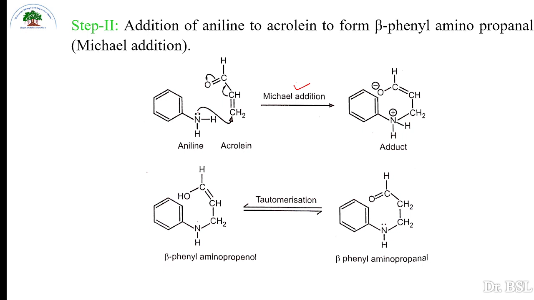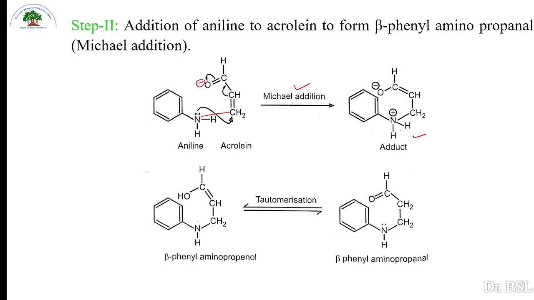Here, the lone pair on aniline attacks the CH2 carbon of acrolein, that is olefinic CH2 of acrolein, and bond shifting takes place, which gives rise to formation of N-C bond and oxyanion. Here, this is the structure of that adduct, which is formed by Michael addition of aniline and acrylaldehyde or acrolein.